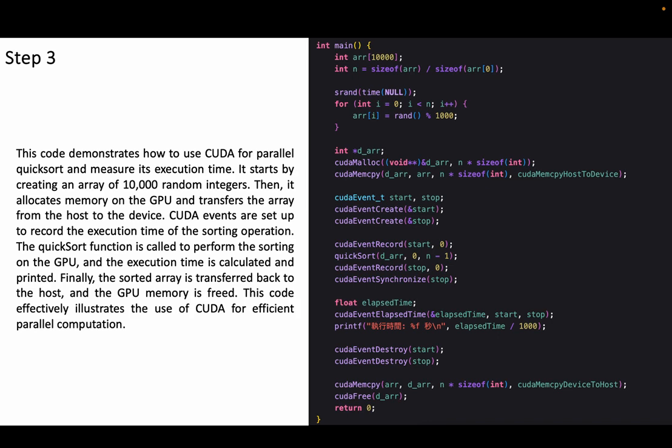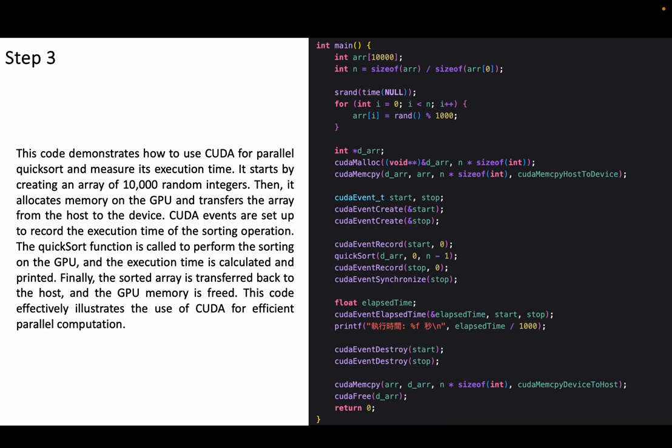CUDA events are set up to record the execution of the sorting operation. The QuickSort function is called to perform the sorting on the GPU, and the execution time is calculated and printed. Finally, the sorted array is transferred back to the host, and GPU memory is freed. The code shows how to use CUDA to achieve parallel computation.